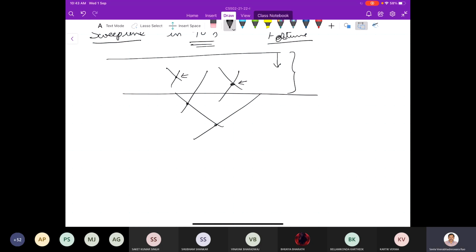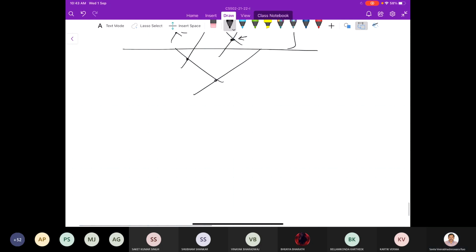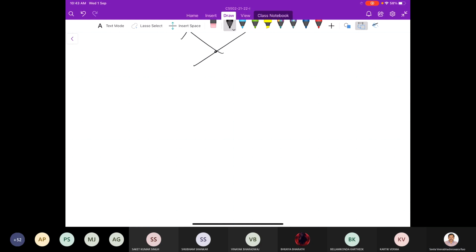Now look at this Voronoi diagram. We try to use the same sweep line algorithm to construct the Voronoi diagram. Suppose these are the sites we have, and suppose you are sweeping the plane from top to bottom, and you have reached up to this position.